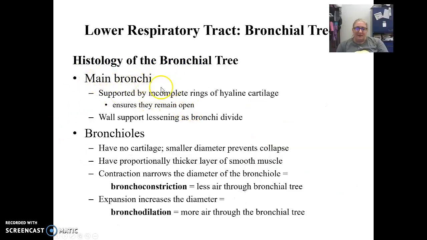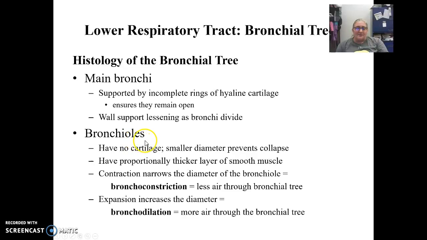So the main bronchi are the primary bronchi that move into either the right or left lung. And they also have that hyaline cartilage ring around them. And these are going to lead to secondary and tertiary bronchi, and then to the bronchioles.